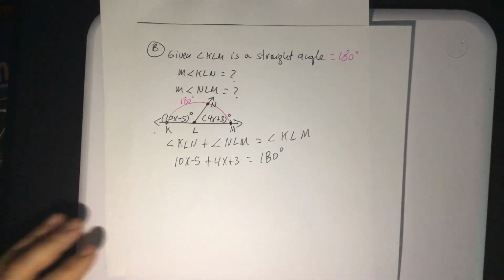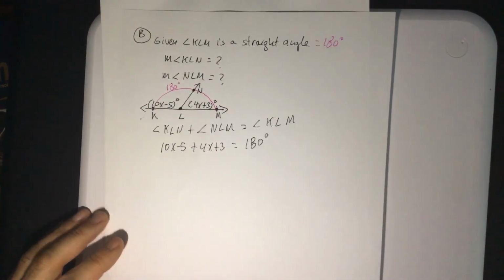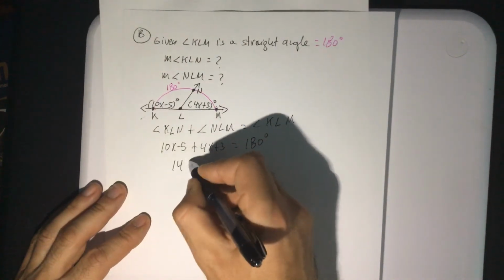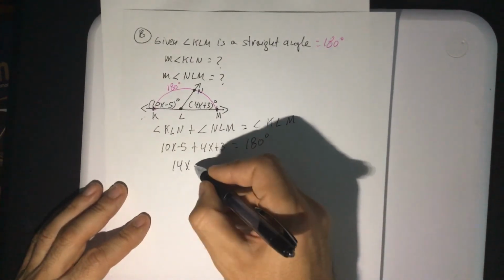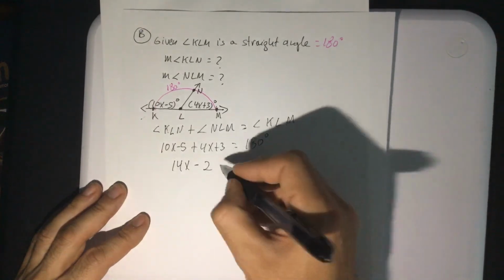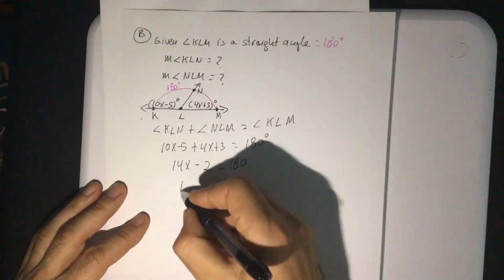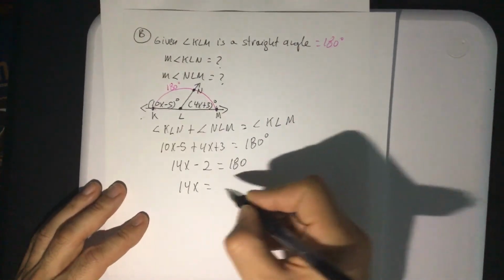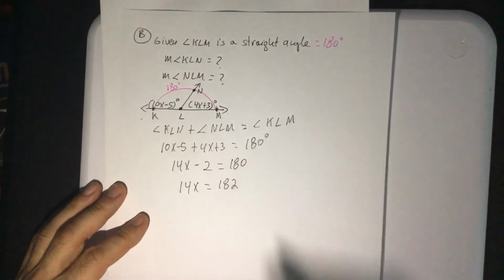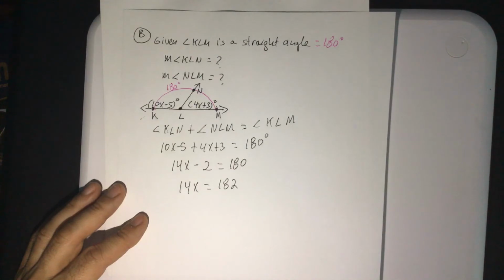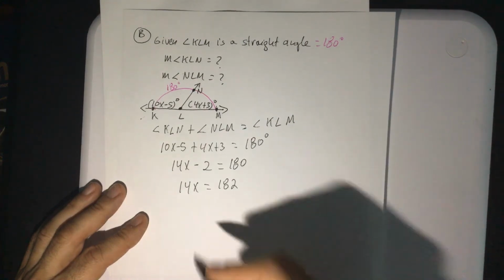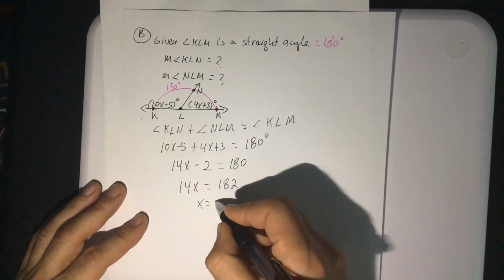We got to solve it for x. So if you solve for x, we got 14x minus 5 plus 3, that's minus 2, equals 180. Adding 2 to both sides of the equation, we got 14x equals 182, and dividing both sides by 14, should give you x equals 13.